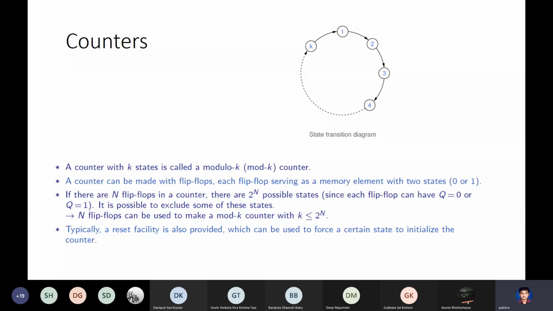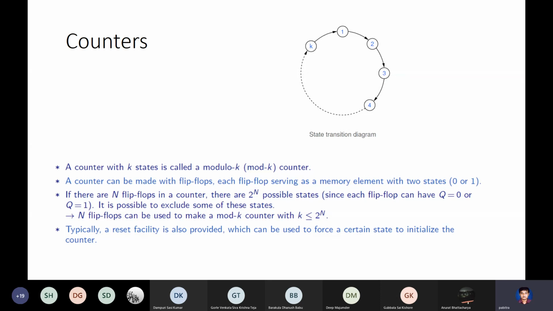Also, without loss of generality, initially we will consider a direct mapping of the state to the output, so there is no decoder. The decoder is an identity function. If the flip-flops are in the 0, 1, 0 state, the output count will be 2. This is called a binary counter. Binary means the flip-flop state values are nothing but the binary representation of the count number.